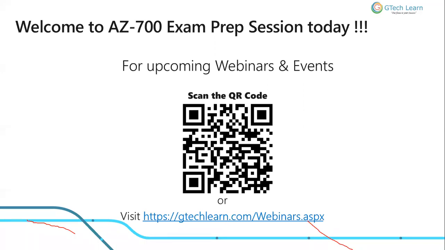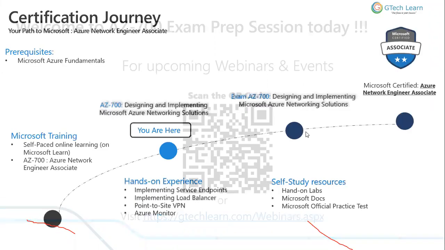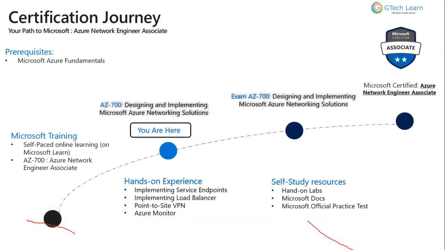Now, moving ahead and talking about the certification journey for AZ-700, that is, how do we get certified as an Azure Network Engineer Associate. As of now, you are here, and in the certification journey, we need to talk about how to get started with the preparation, the study material for AZ-700, and which types of training we can take if we want to go for the certification.